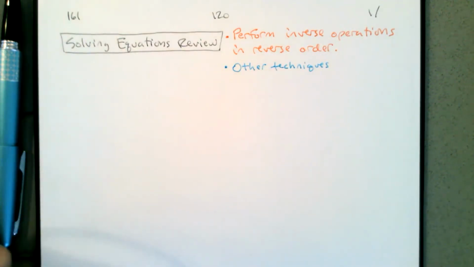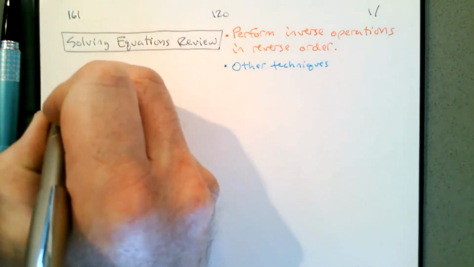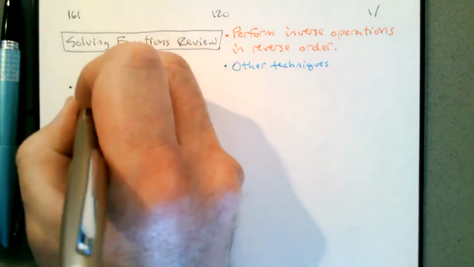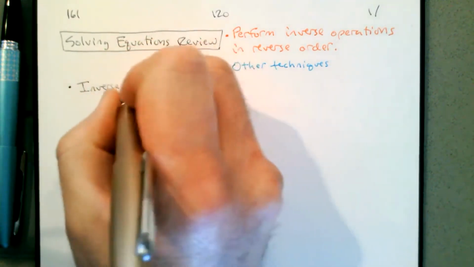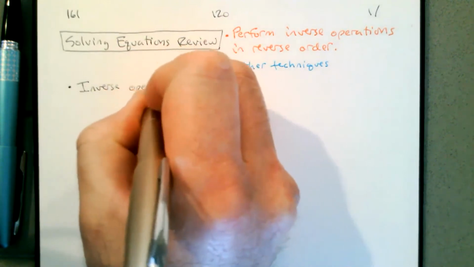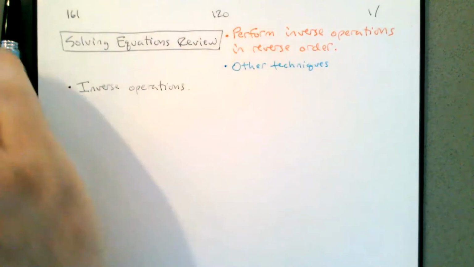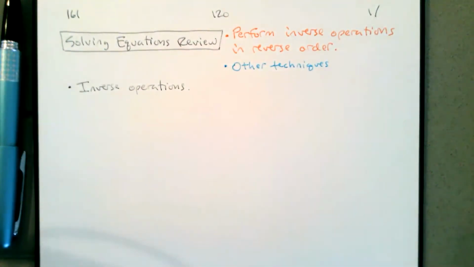The primary way we want to solve equations is to perform inverse operations in reverse order. And then we have to remember some extra things. So the main thing that we want to look at is to remind ourselves what inverse operations are. We know some inverses.